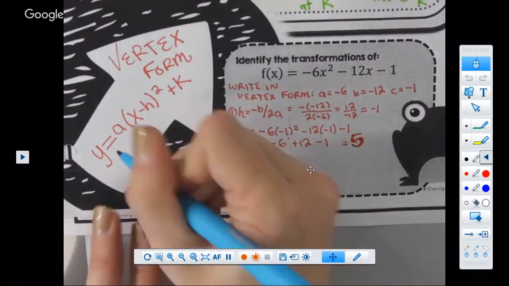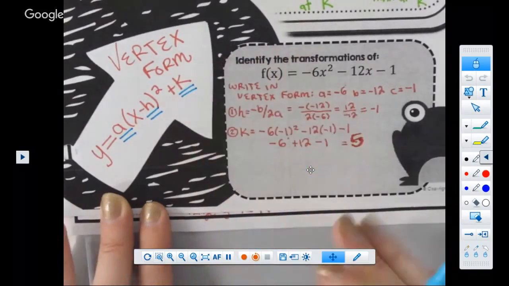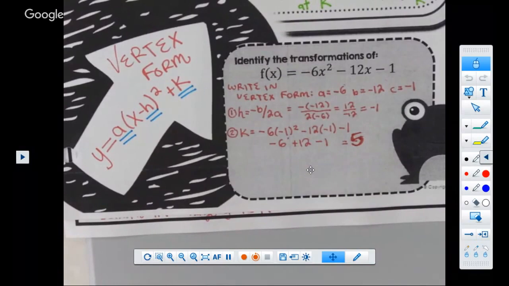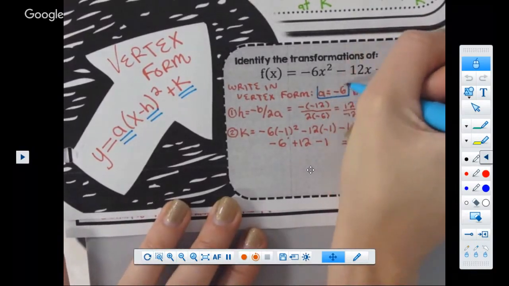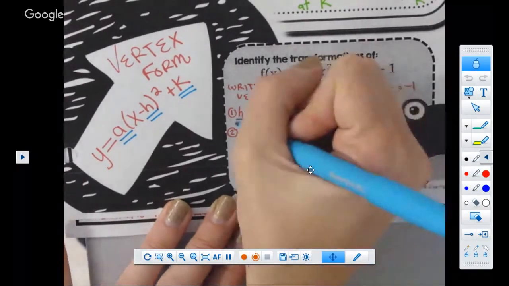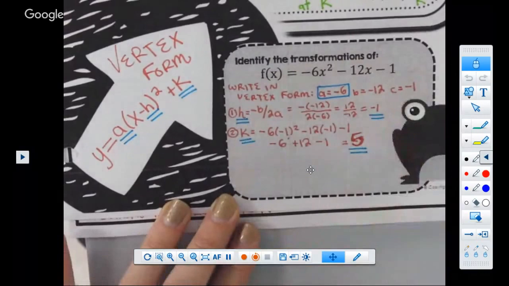All right, so I'm going to double underline. To write in vertex form, we need H, K, and we need A. Tell me if we have enough pieces. Tell me one thing that you know that we need to plug in. Right here, A. What is A? Negative 6. A in standard form is the same A in vertex form. Now, don't we know H and don't we know K?